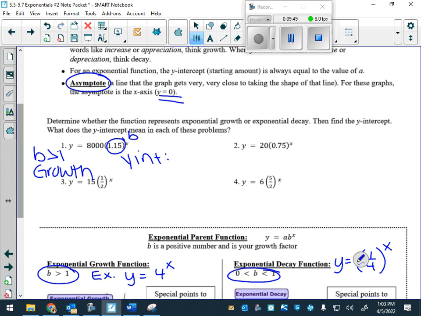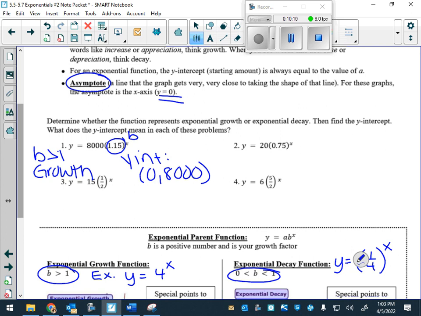X. So 1.15 to the 0 is what? 1. What are we left with? 8,000, which is your a value that you set. Okay, so your y-intercept is 0, 8,000.